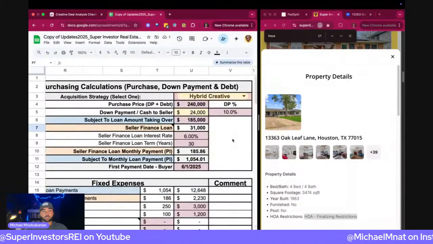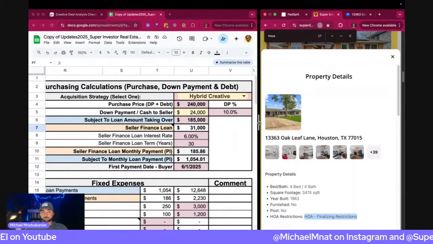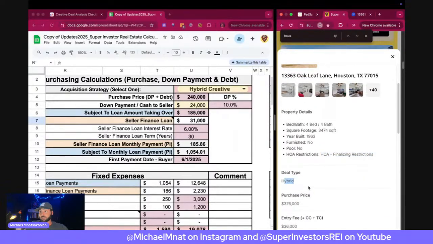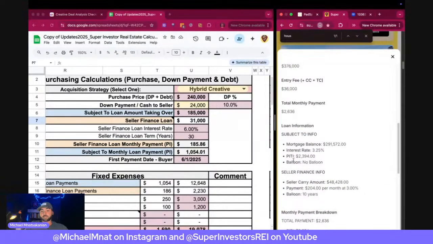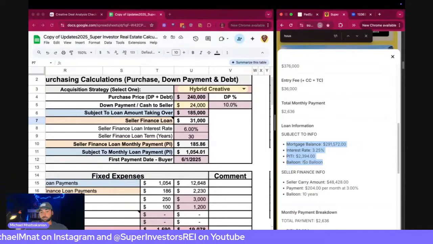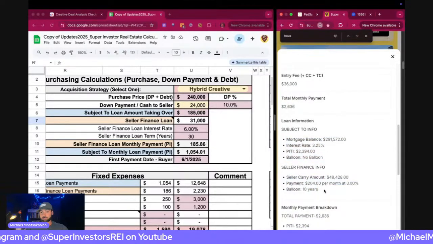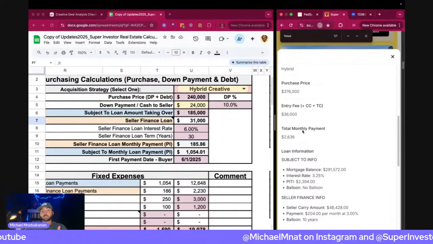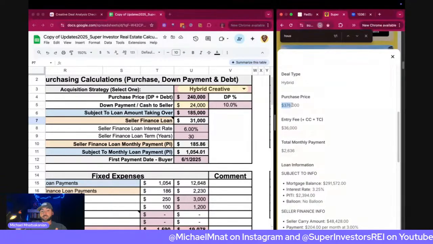All right, so the debt information. The property is hybrid creative. How do we know? Well, first here it says hybrid, right? But also because there is a mortgage and there's seller financing. And that's really what I want you guys to understand, how easily we can calculate this stuff. The purchase price is $376,000 and the entry is $36,000.